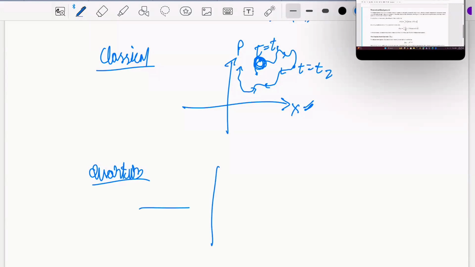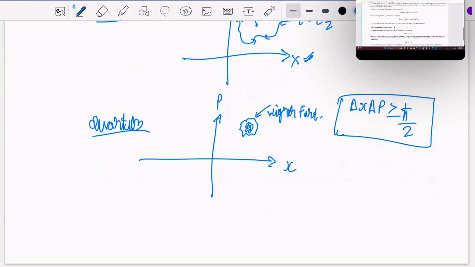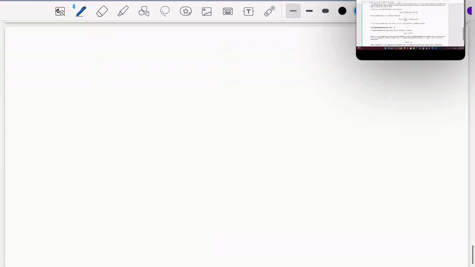In quantum mechanics, since we have this uncertainty that the product of momentum and position uncertainties has to be greater than a bound, Heisenberg's uncertainty principle, we will have not just a point but a distribution. This distribution is what we are calling the Wigner function. And this is what we are intending to find out for a particular state.